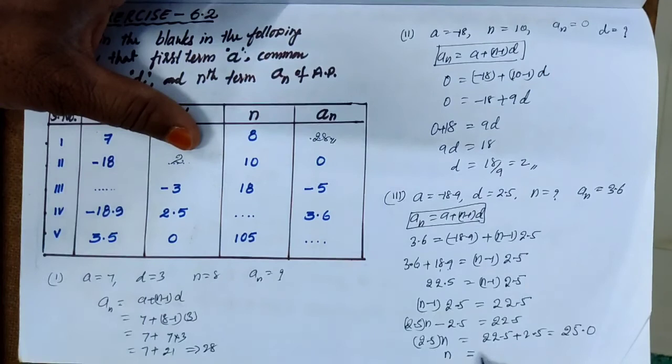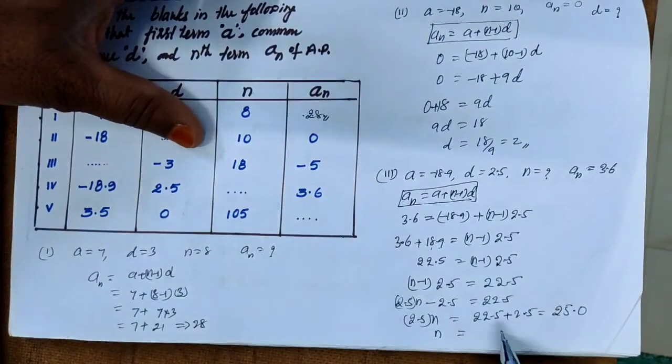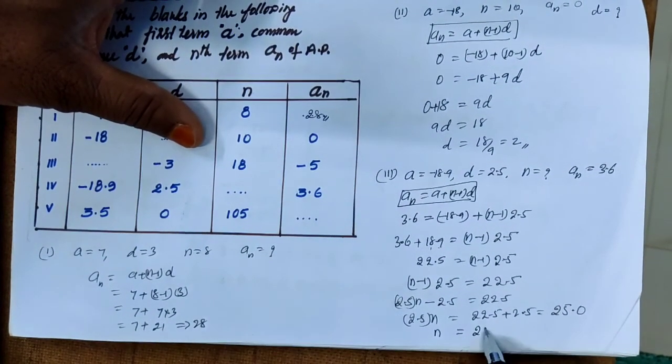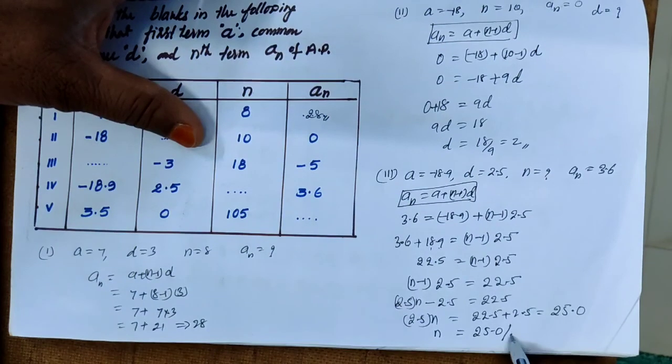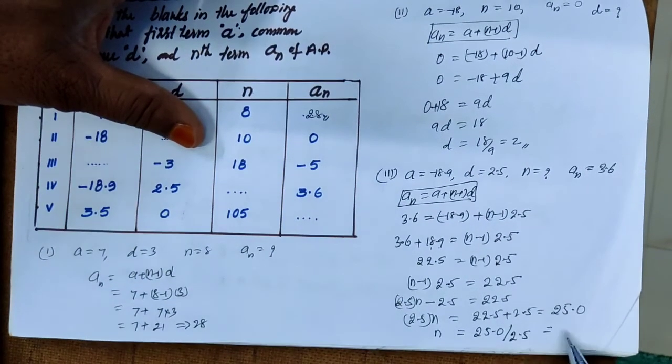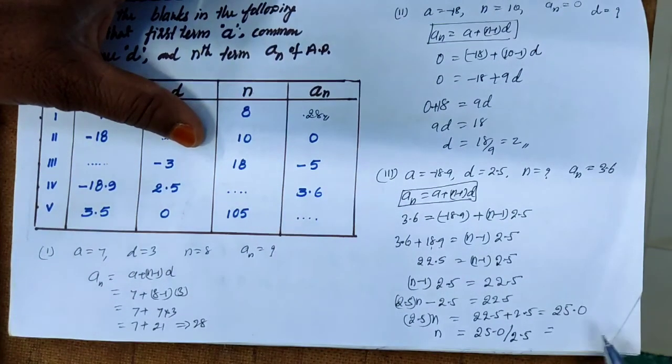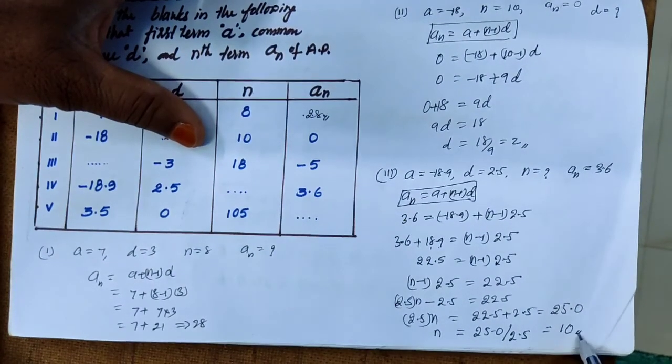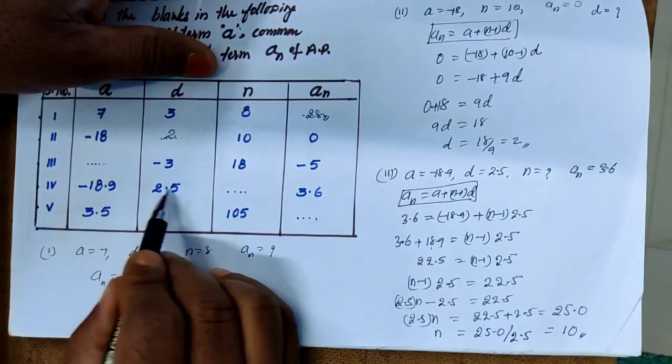Now n is equal to 25.0 divided by 2.5, which is equal to 10. Okay, so this value is 10.